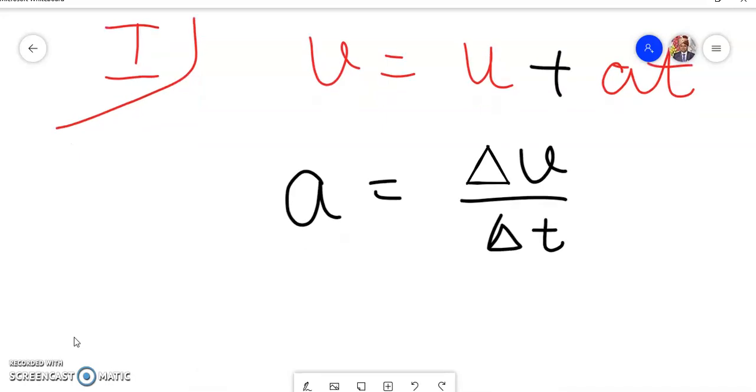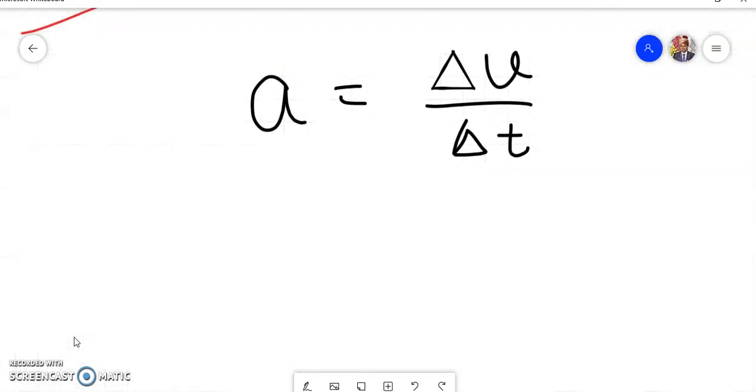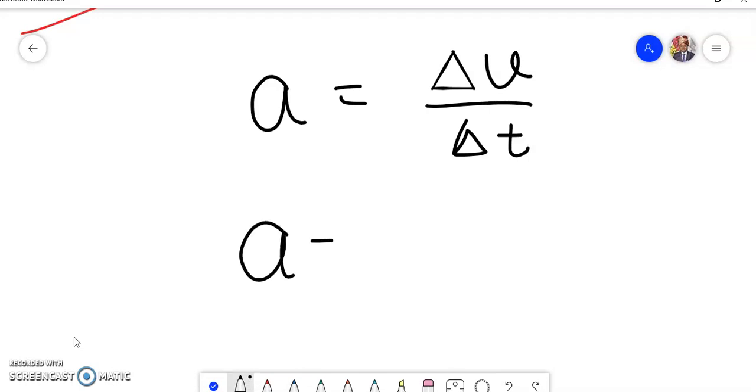Now, if we talk about the instantaneous acceleration, that is acceleration of an object at a particular period of time, for that we have to take a limiting value. As I have told you these things earlier as well.